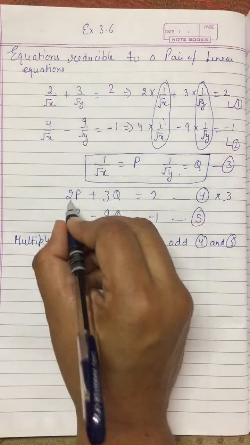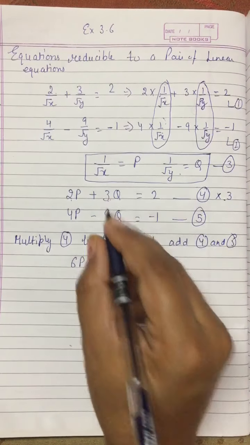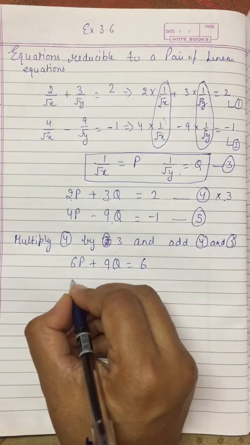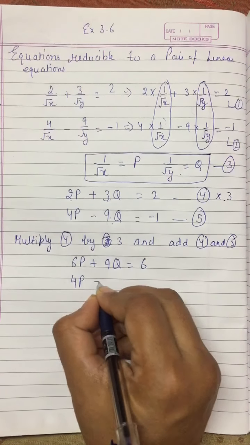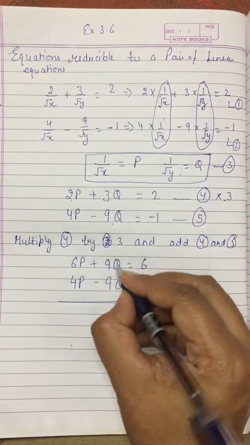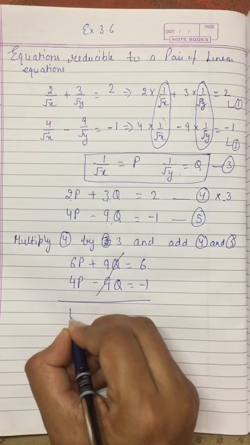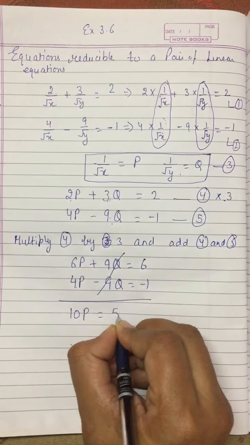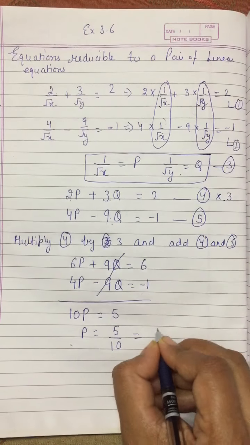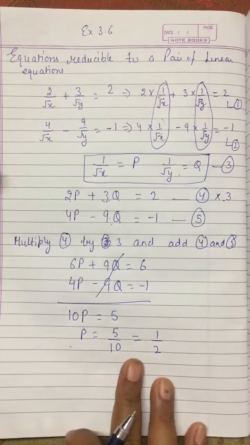What will I get? 6p plus 9q equals 6, and the other equation as such, 4p minus 9q equals minus 1. Now the 9q terms cancel out on addition. That will be 6 plus 4, 10p equals 5, so p equals 5 by 10, that is 1 by 2.